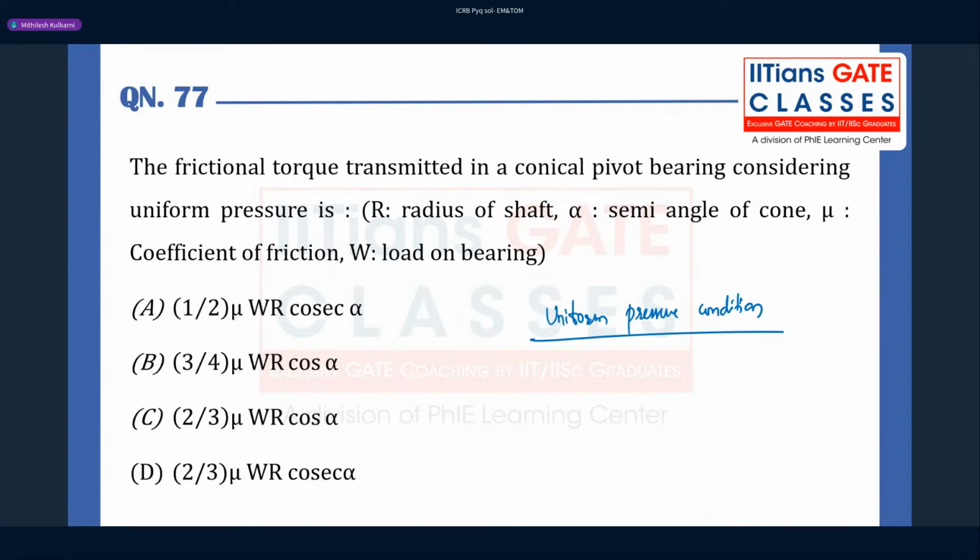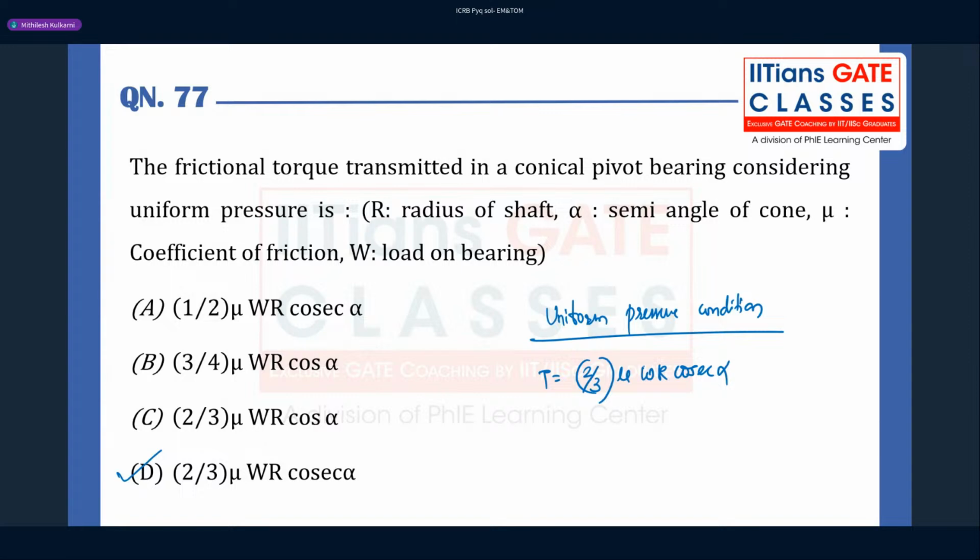Basically, the torque is given by 2/3 times mu W R cosec alpha.